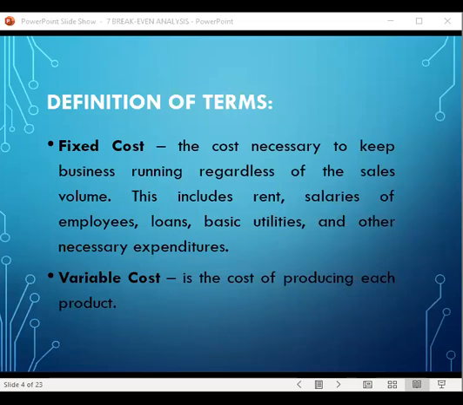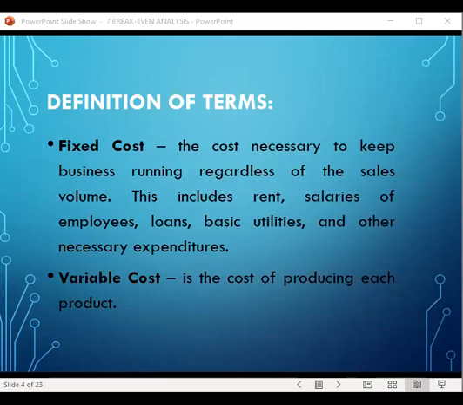Now, the variable cost is the cost of producing each product. So for example, you are selling milk tea. The fixed cost is the rent, the salary of the employee, electricity, water bills, and others.